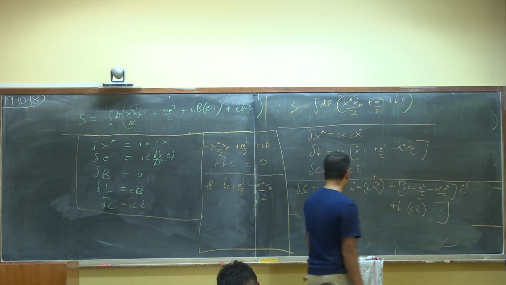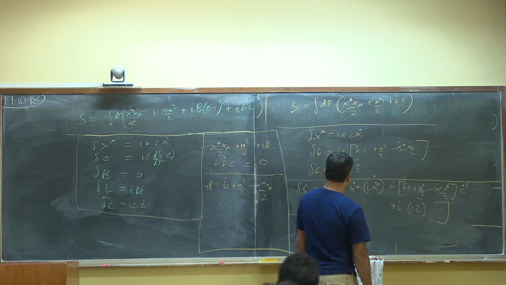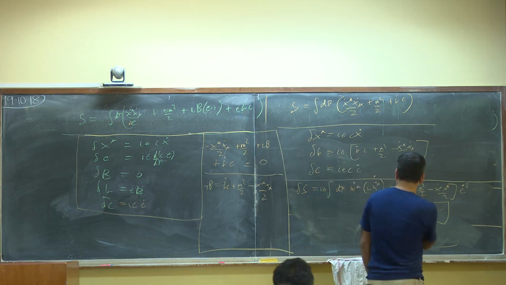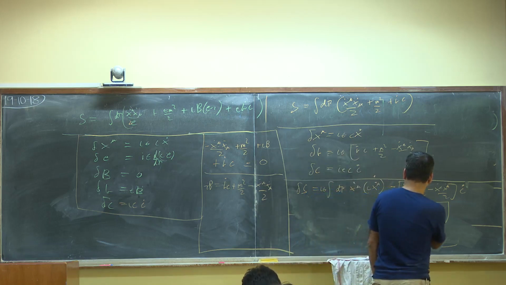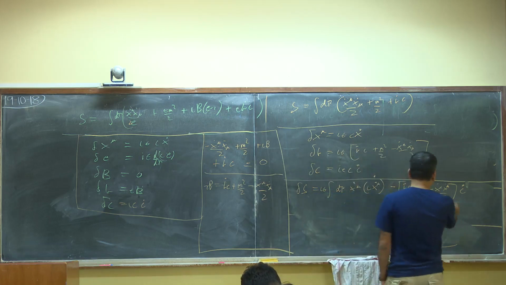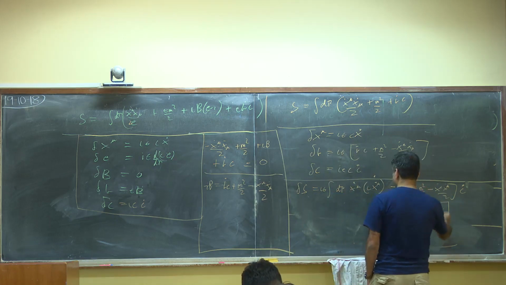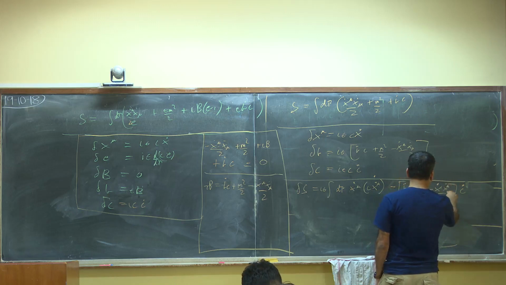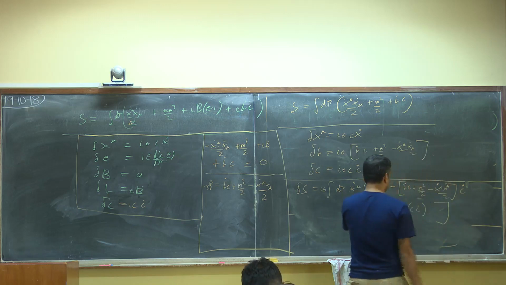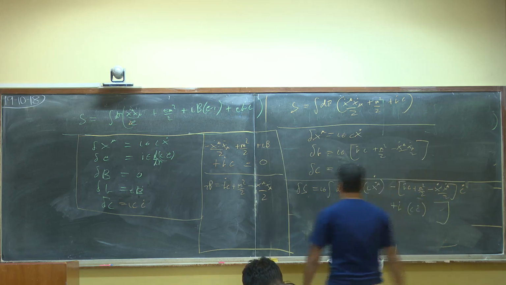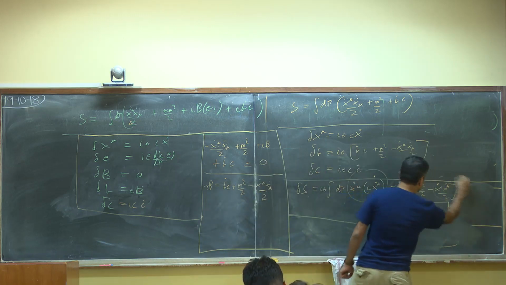Let's see how this goes. This term was x dot by 2, and this c, and combine that with this. Presumably that gives a total derivative. So let's take this term and this term.